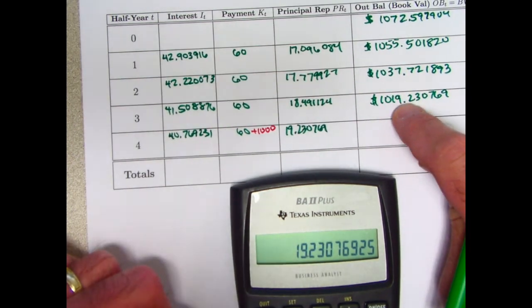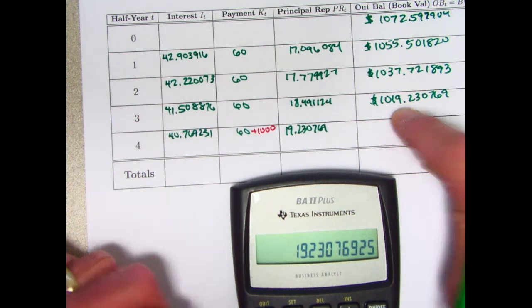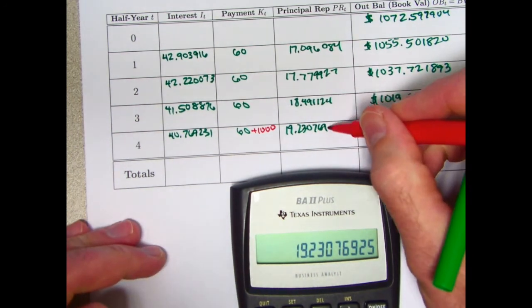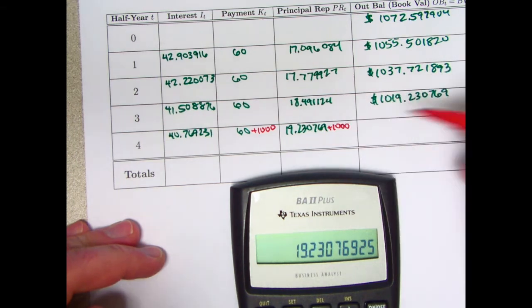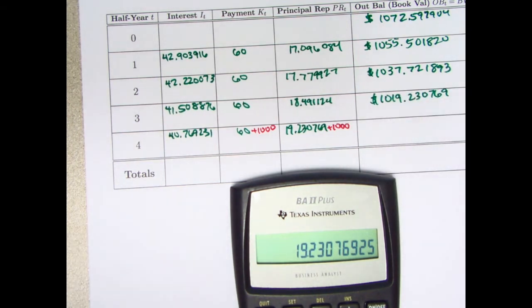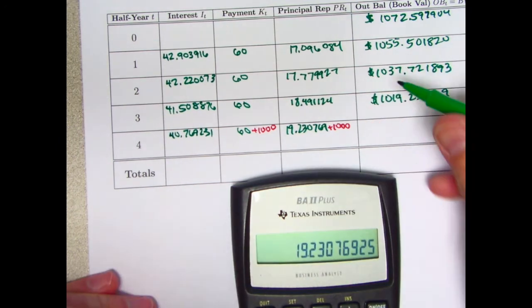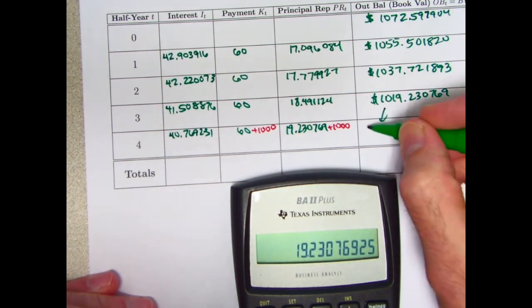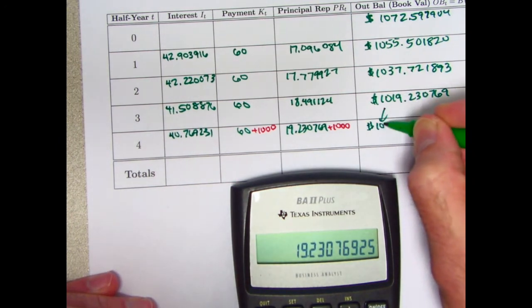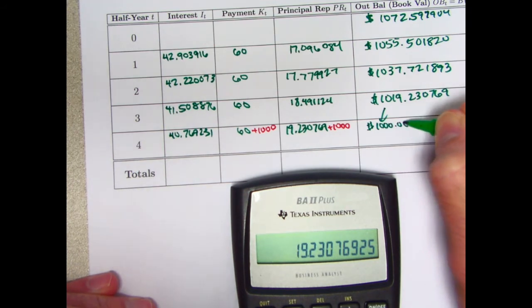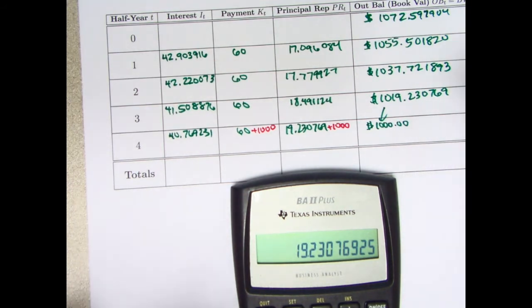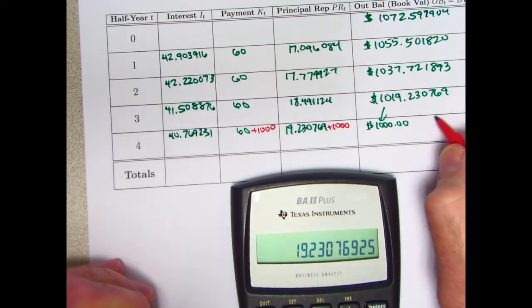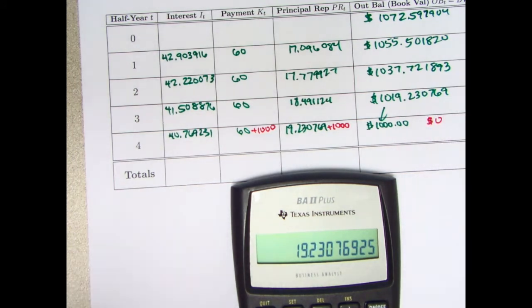Notice this is $19.23 above 1,000 right there. We also make the final balloon payment, pay off the loan, so to speak, with the final payment of 1,000. The $19.23 brings this balance now around to the nearest cent to 1,000 exactly, but then we paid the 1,000 off, and we get a final balance of 0 after we do that.